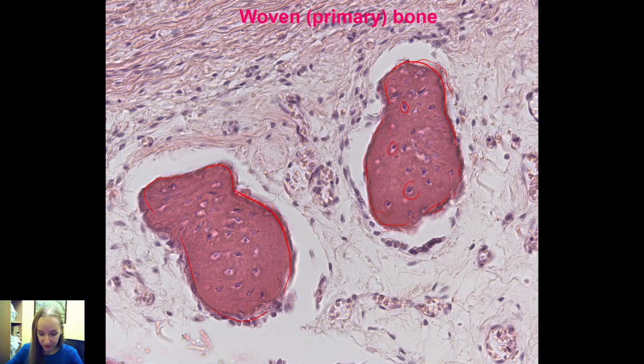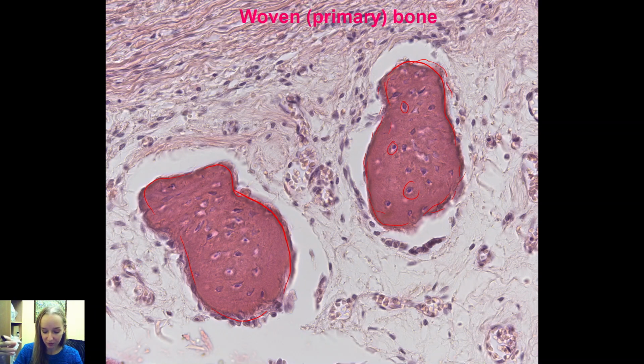This type of bone is permanent only in the cranial seams, these connections between bones of the cranium. So you can find this primary bone here, but it's usually only a temporary tissue. It's not mineralized that much.